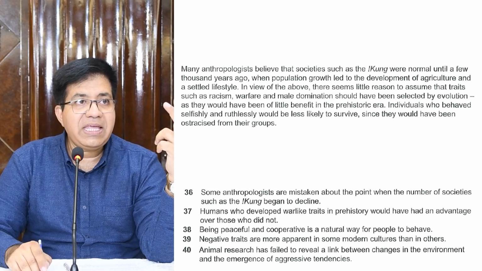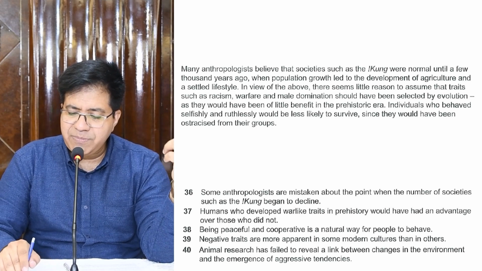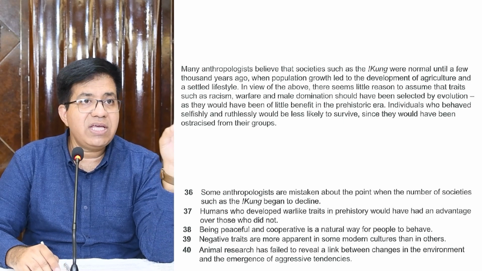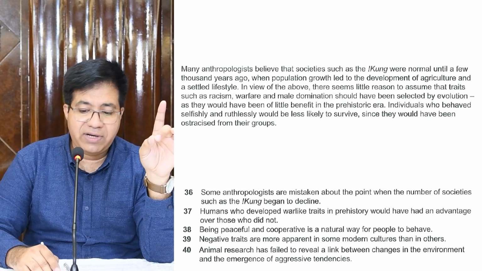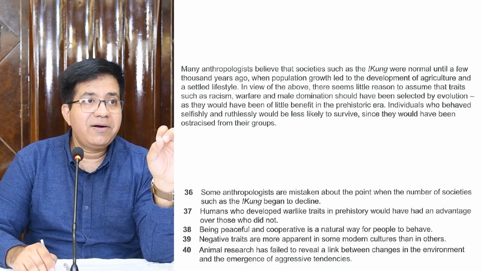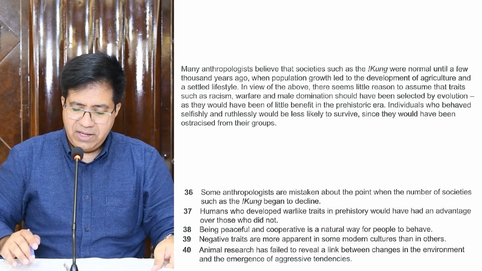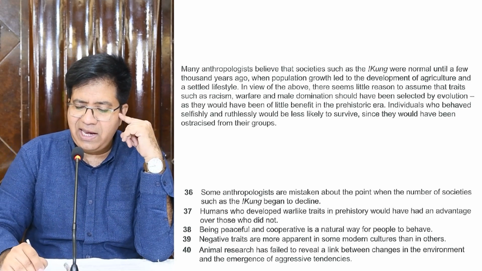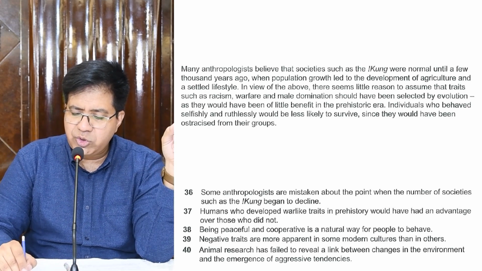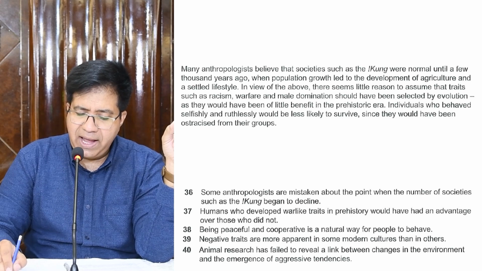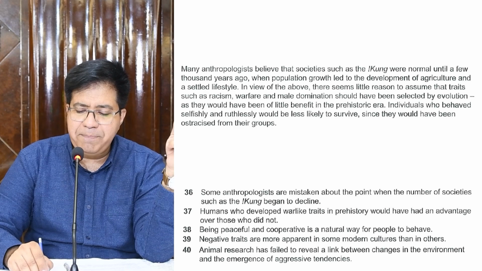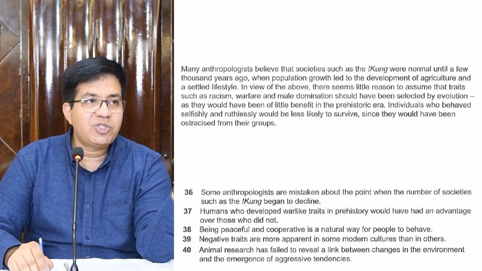In view of the above, there seems little reason to assume that traits such as racism, that's not related to our answer. Warfare. What is warfare? Exactly. Warfare is warlike traits. Now we read on. And male domination should have been selected by evolution, as they would have been of little benefit in the prehistoric era.